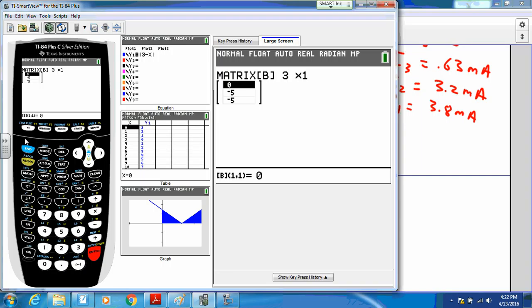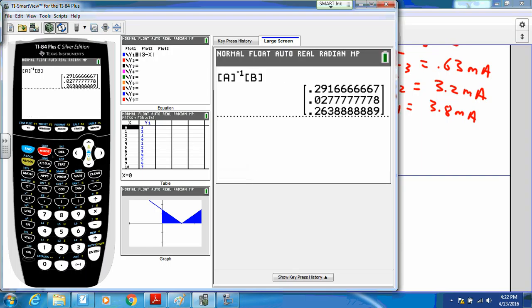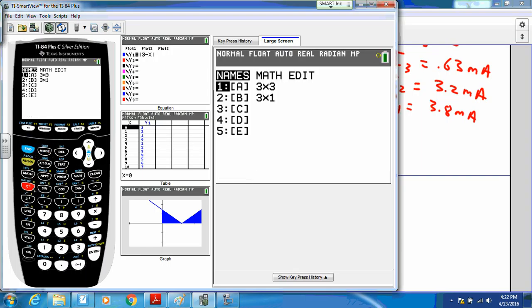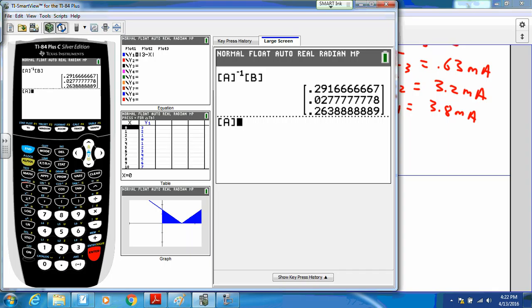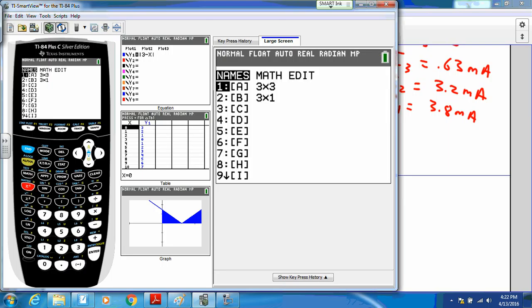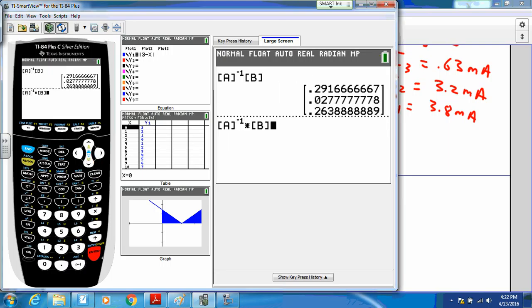And so we go to second... well, let's quit out of here entirely. We go to second matrix. And this time, we're going to just pull out the name A so that we can do A inverse and multiply it by the matrix B, which will now compute for us the column of currents.